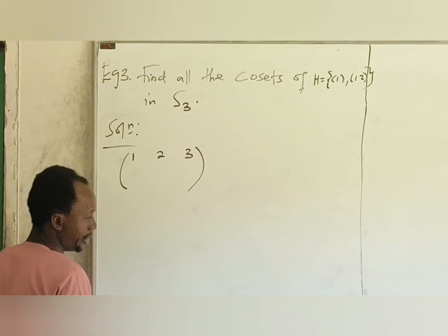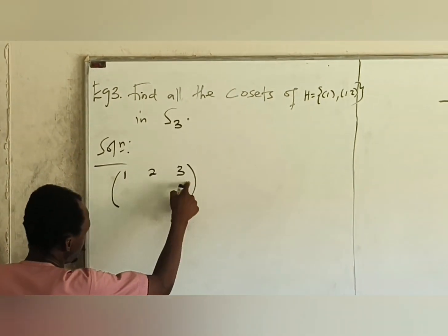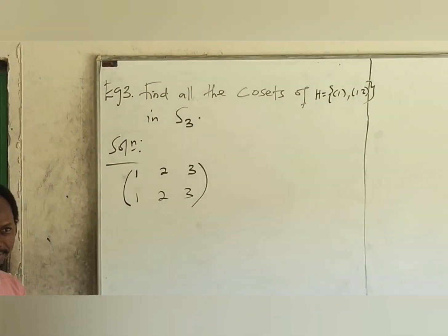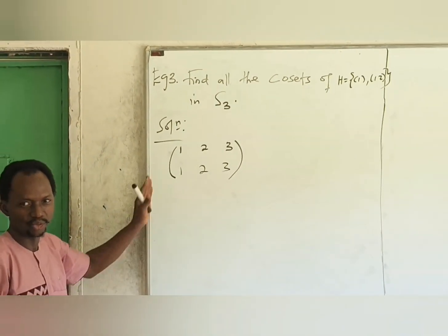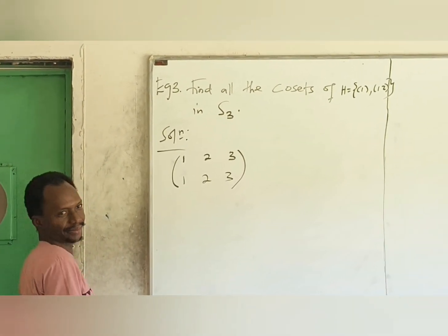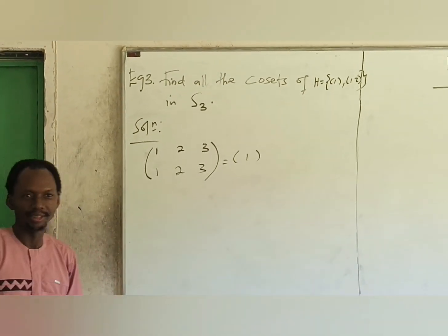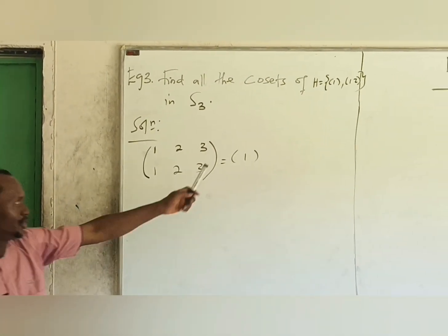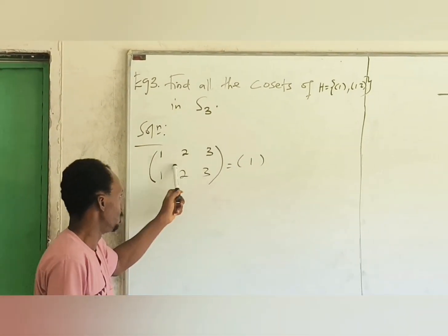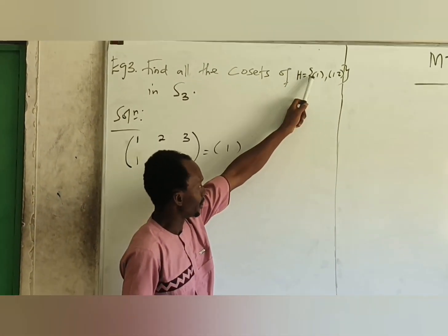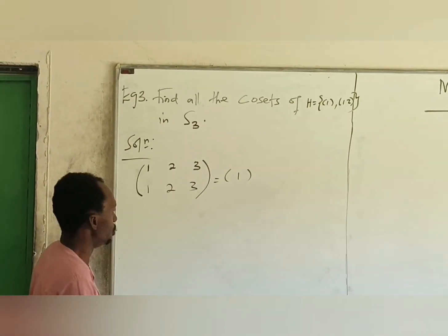Let's assume you are doing the same thing, 1, 2, 3 again. For instance, 1 goes to 1, 2 goes to 2, 3 goes to 3. This is what we call the identity. This is the cycle representation of this permutation.